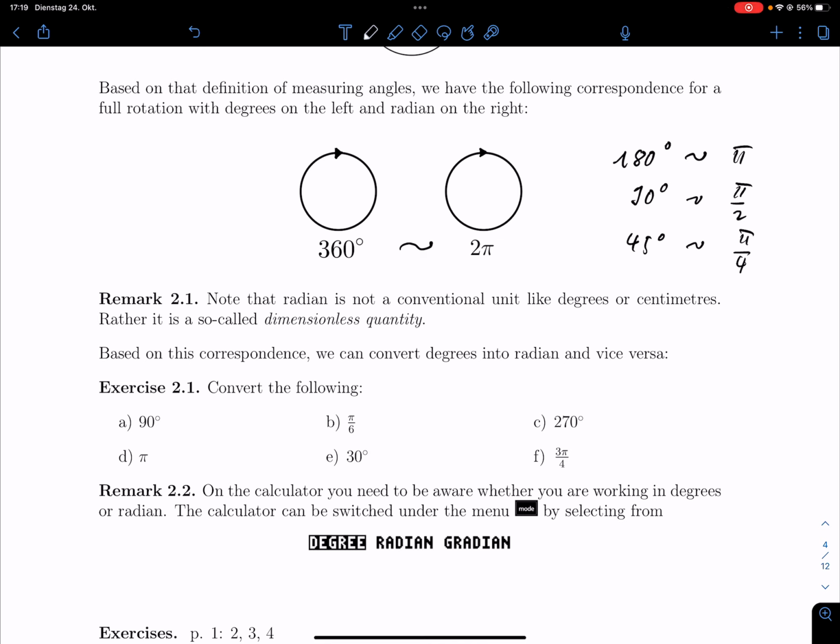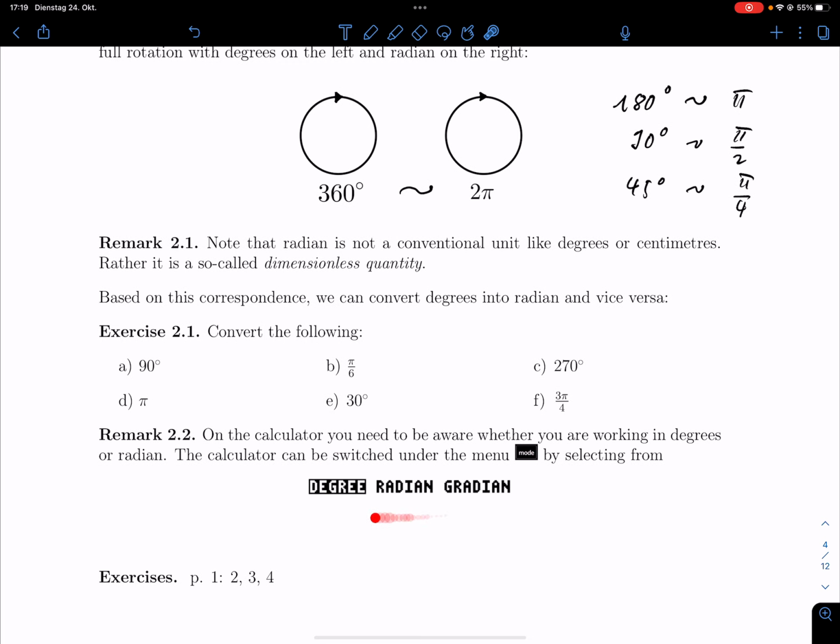So here you can have a go at exercise 2.1, or we solve that together in the lessons, where you convert from degrees to radian or back. Very important here on the calculator, always make sure that you have your calculator in the adequate mode: degrees if degrees are asked in a certain exercise, radian if it's about radian.